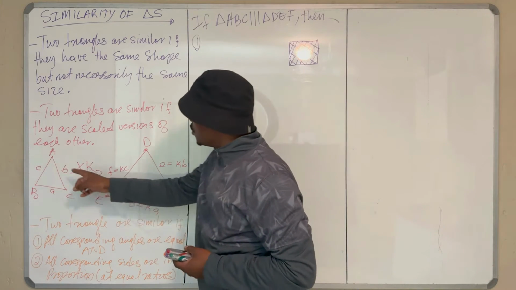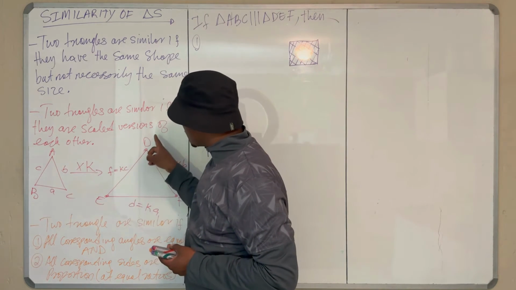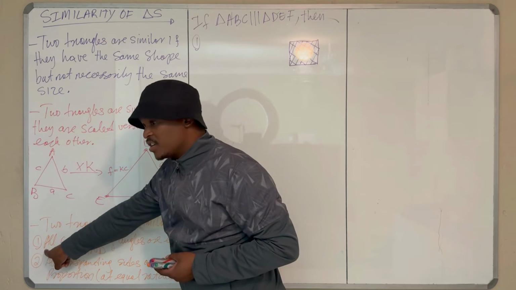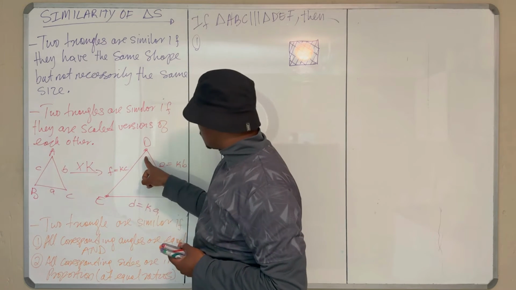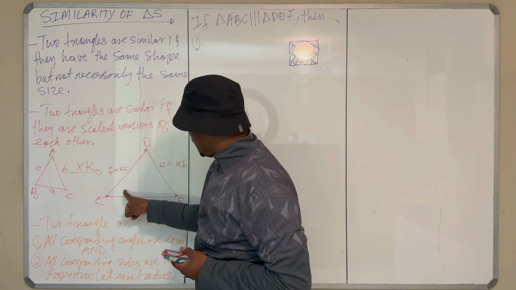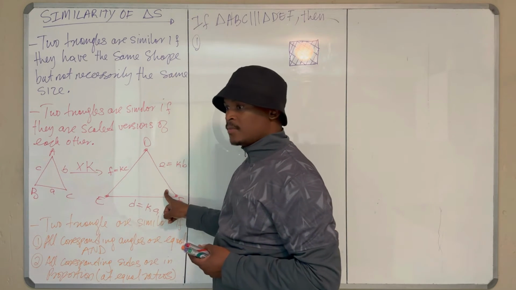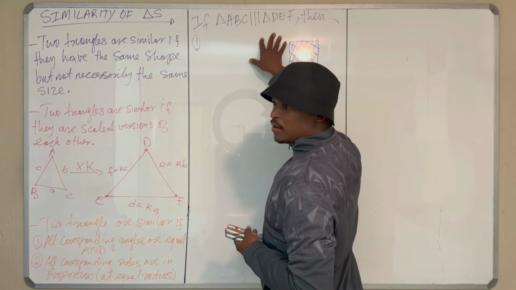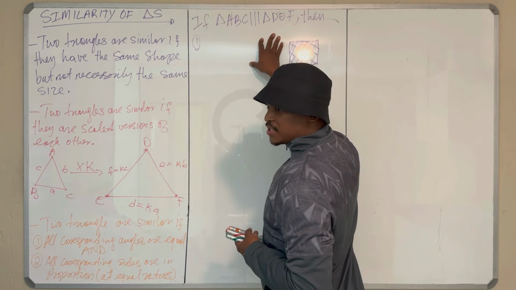Because that's what we said here. We said ABC is similar to triangle DEF, which is this angle here, according to that first condition. This angle A is equal to D, that B is equal to E, and C is equal to F. That's what this means. You can see it here as well. Are you happy with that?